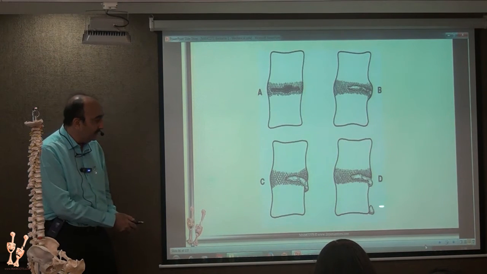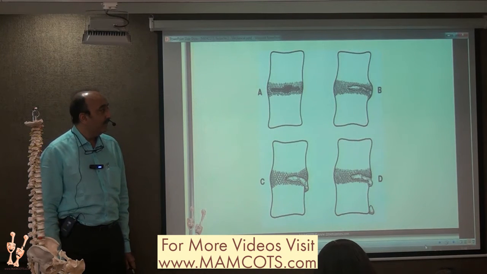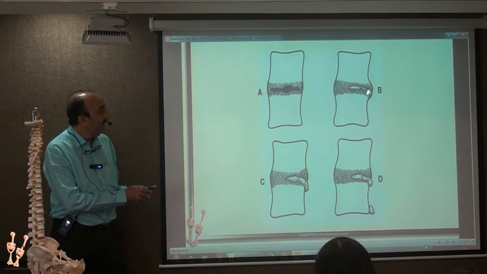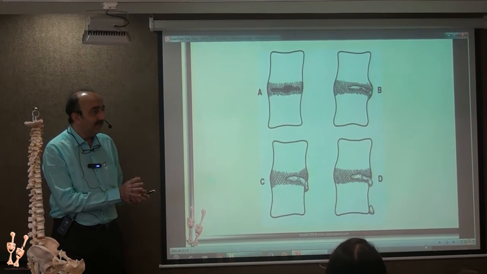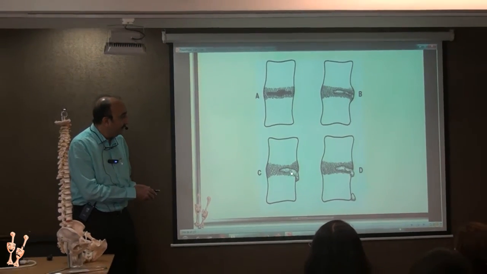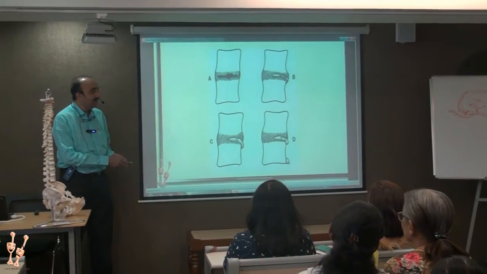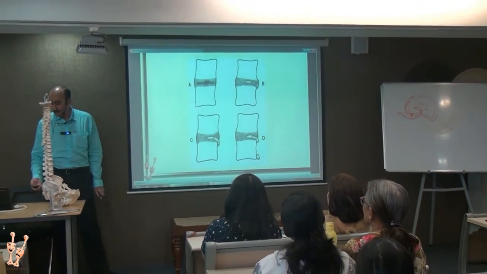You can do nothing about this unless surgically removed. Protrusion and extrusion. The PLL is intact, it's a bulge. PLL is out, it is protrusion, and it goes beyond its extrusion, and when it detaches, it is sequestration.